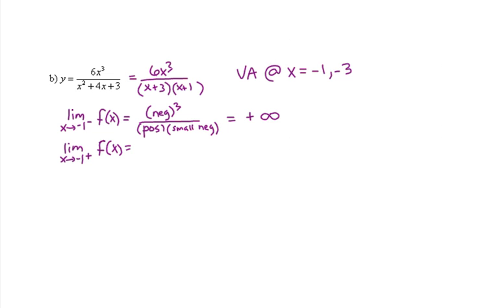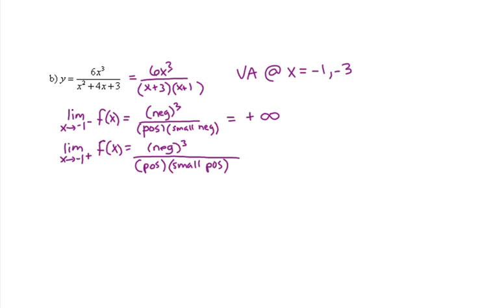All right, from the right, we'd still have negative, from the right would be -0.999. Cubed is still a negative cubed. All over -0.999 plus 3 would be a positive. And -0.999 plus 1. Small positive. So what's the sign going to be here?